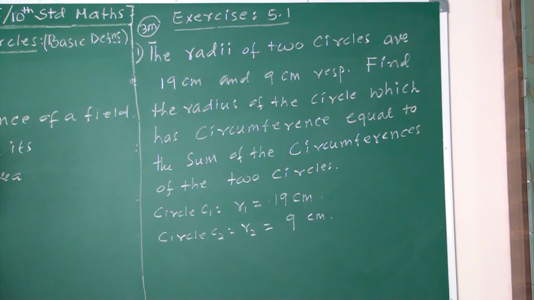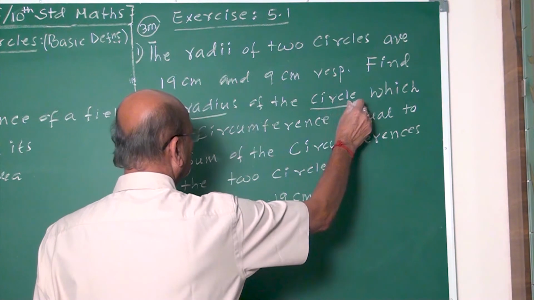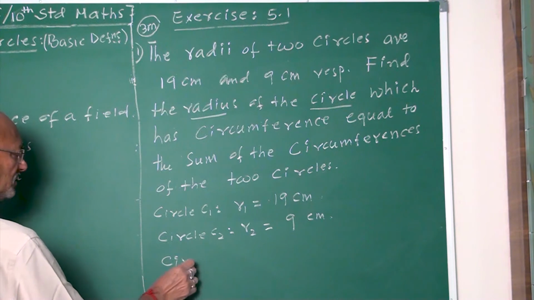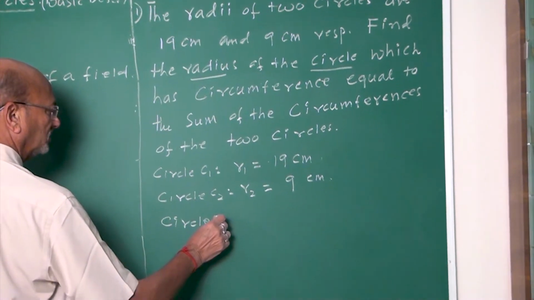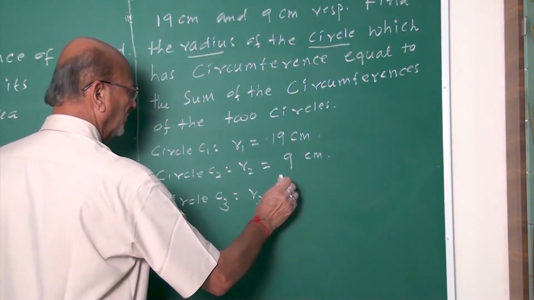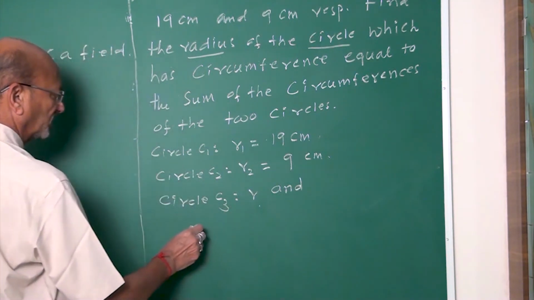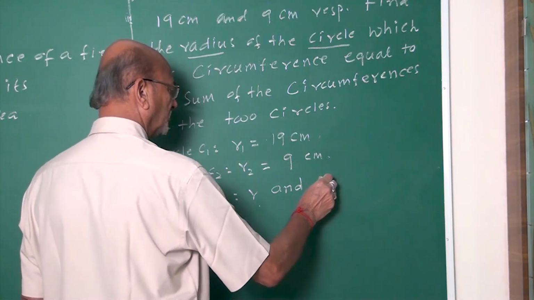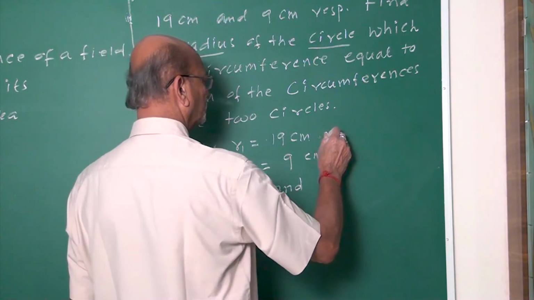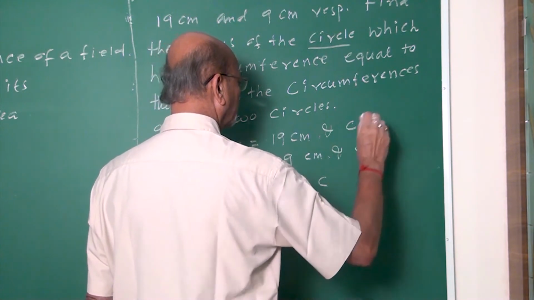Yes, my friends. Then you have a third circle. Find the radius of the third circle with radius R. Circle 3 means C3 with radius R3, or you can take radius R, and what is given? Its circumference C. Circumference is C1 and circumference is C2.